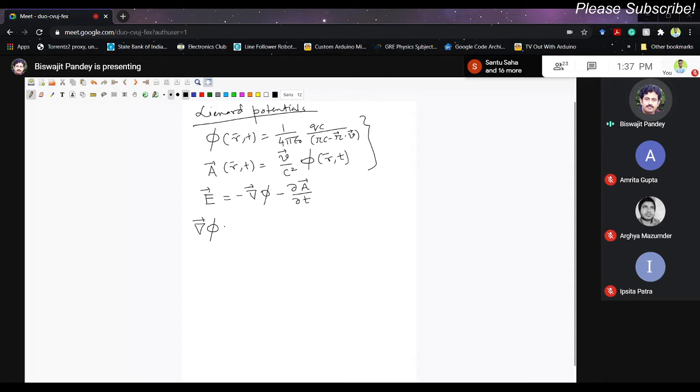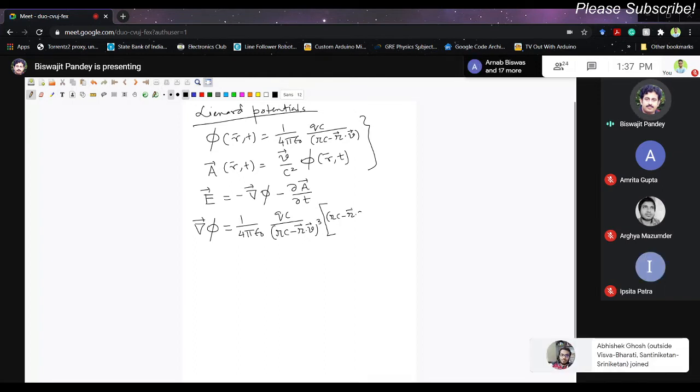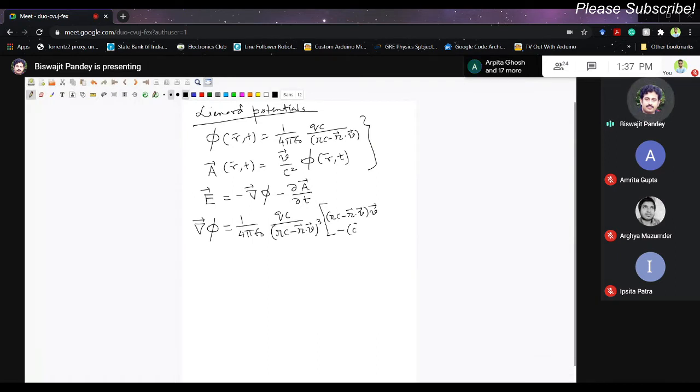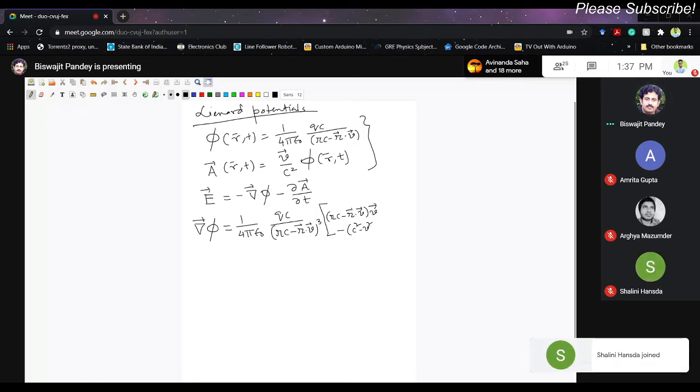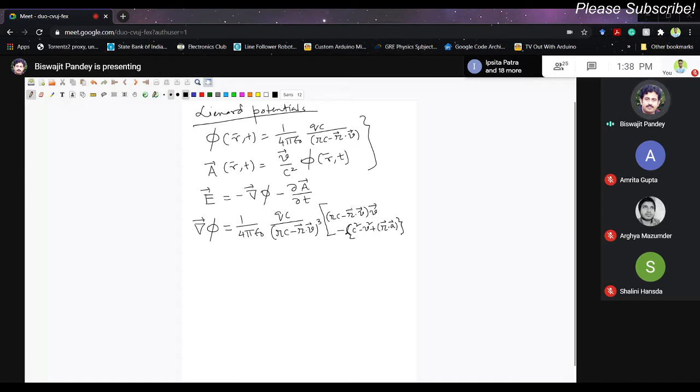Gradient of phi was 1 over 4 pi epsilon naught, times qc over (Rc minus R dot v) whole cube, and then inside a curly bracket, (Rc minus R dot v) times v minus (c square minus v square plus R dot a) times curly R. This is the gradient of phi.